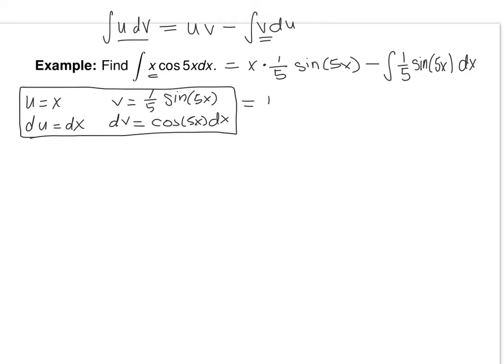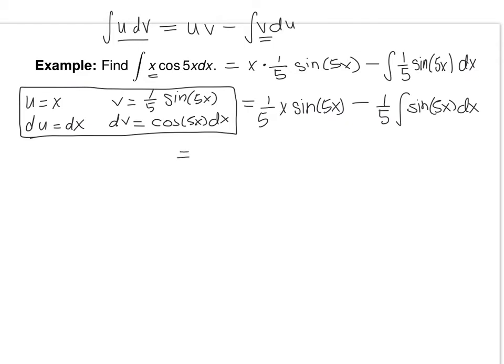So we have 1/5 x sine of 5x minus 1/5 times the integral of sine of 5x. And now this integral, the integral of sine of 5x, is something that we can do very easily. It's just a basic reverse chain rule type substitution, and you can compute that in your head.